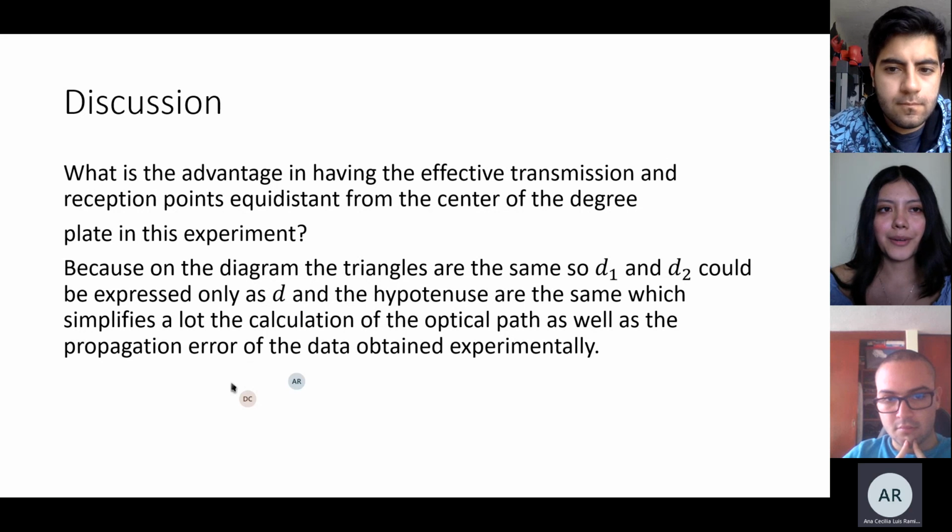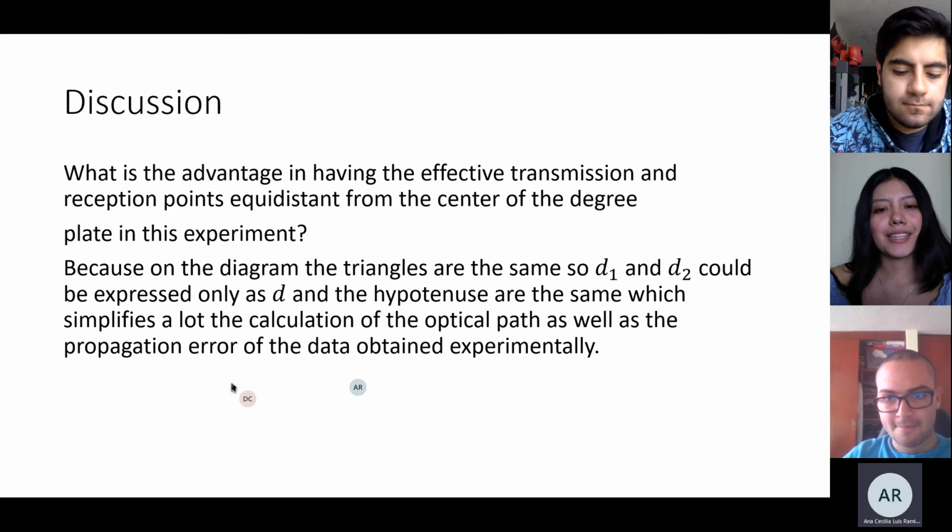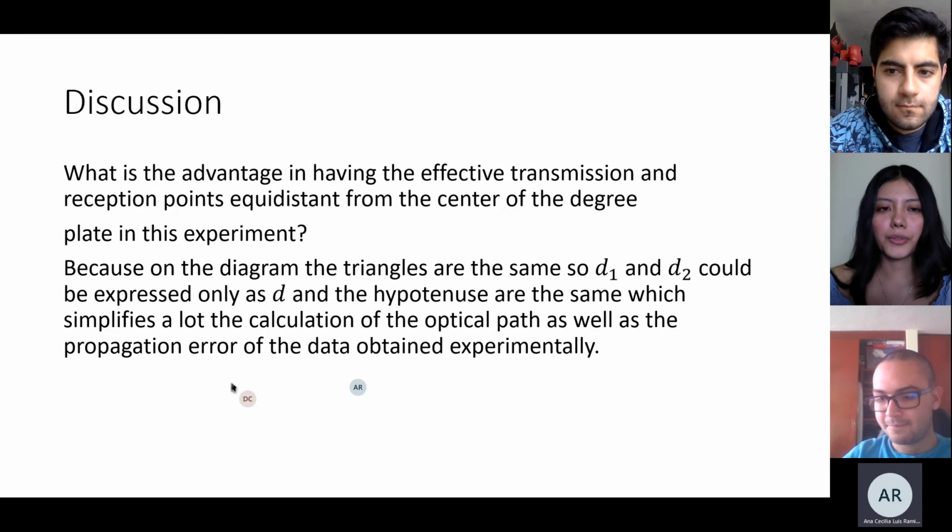And as my partner is going to show you, the calculation gets difficult when you don't have this condition of equidistance.